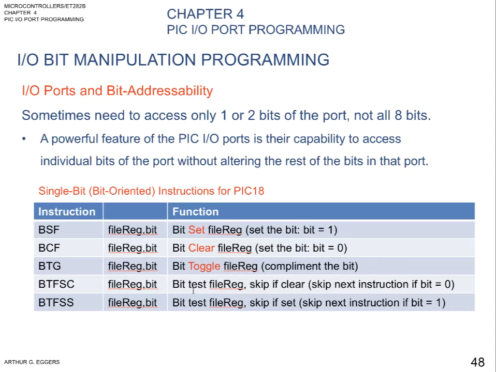BTFSC, bit test file register, skip if clear, so we'll skip the next instruction if there's a 0. And then the last one, BTFSS, will skip if it's set, or if it finds a 1 at the location. So these can be very important and very useful tools if you're looking at making changes or determining what's going on at a particular bit level.